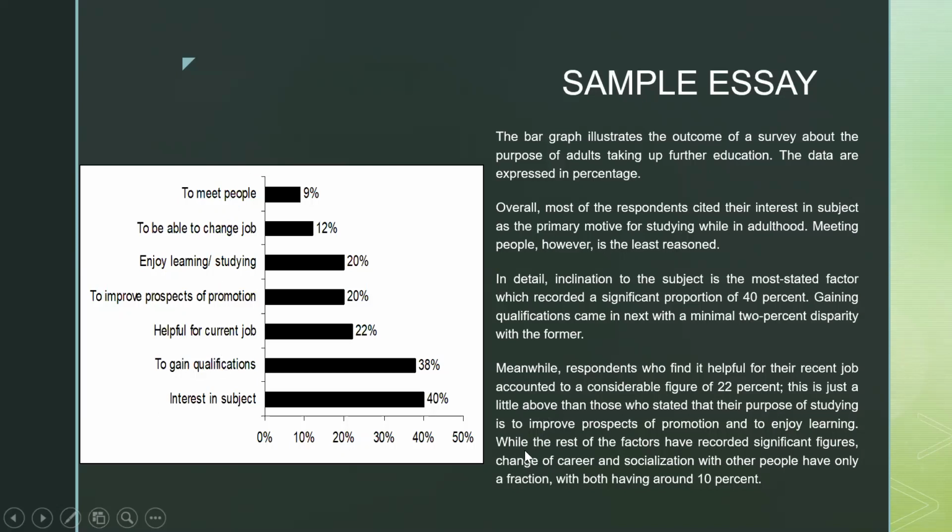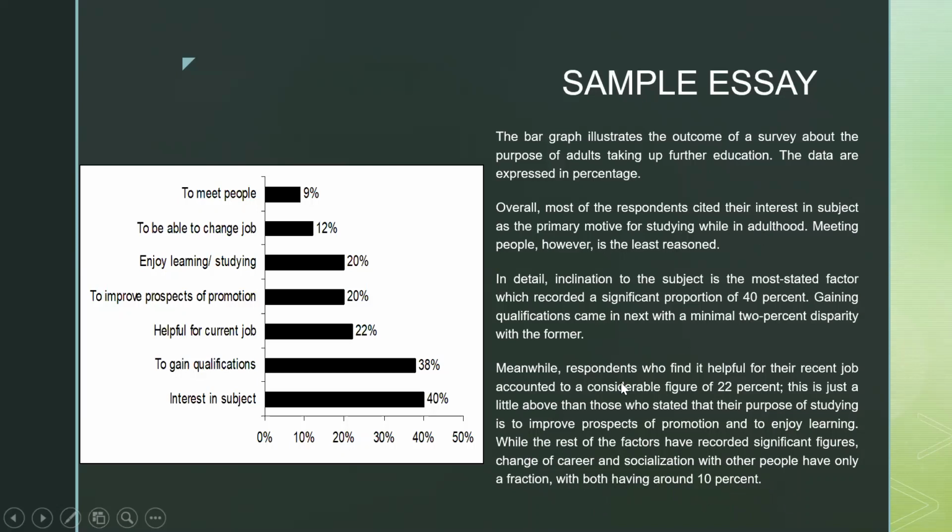So you can just use this. While the rest of the factors have recorded significant figures, change of career and socialization with other people have only a fraction. A fraction means a little or a small portion, with both having around 10%. This is an approximation. You're finding a commonality, which is 10%. They're both having around 10%.